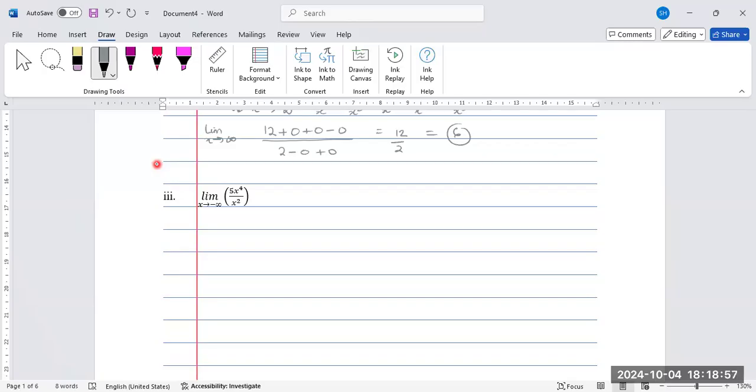So with this one, I got 5x squared. I'm stuck because the denominator is 0, and I thought the denominator holds power. So once I start tending to 0, I stopped. May I ask a question? The limit as x tends to negative infinity. Yes, I agree.